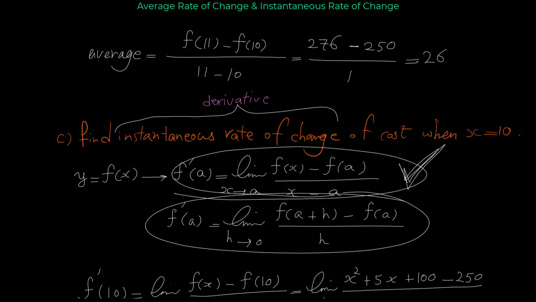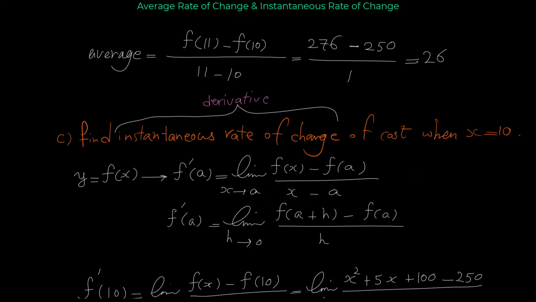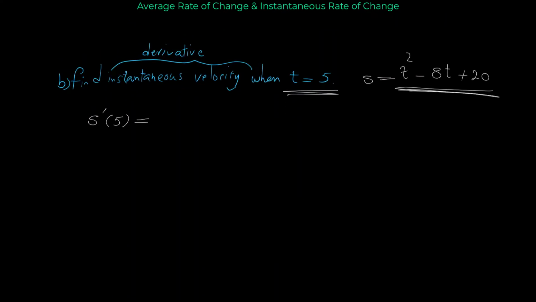And actually, between these two equations, when we have quadratic expressions, you know that is something like x to the 2, x with degree 2, the first formula works better if you want to find derivative with definition. That's the reason I prefer to use this formula. So for finding s prime of 5, I am going to use the first formula.